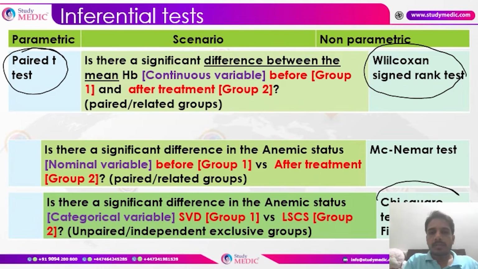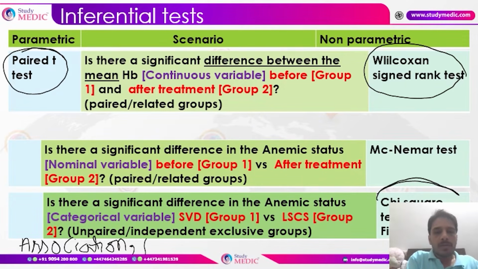So usually we do the chi-square test to find out the association between two categorical variables, or to find out if one categorical variable is independent of the other, or if the observed frequency of whether anemia is present or not is different from the expected frequency in these two categorical groups.